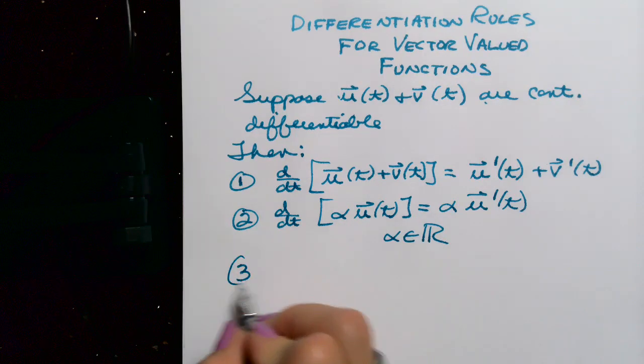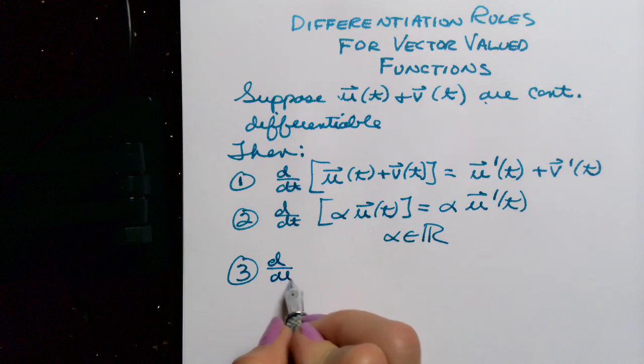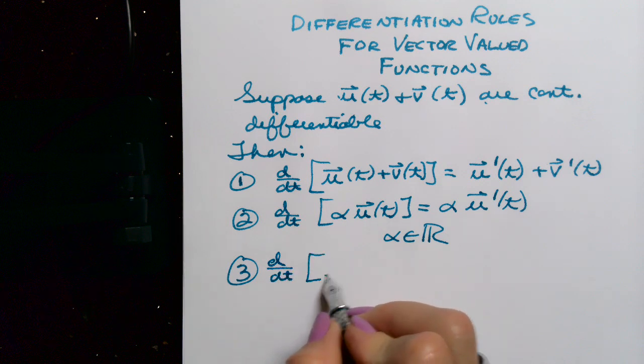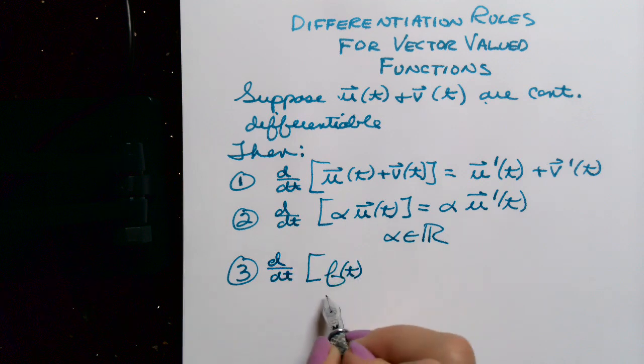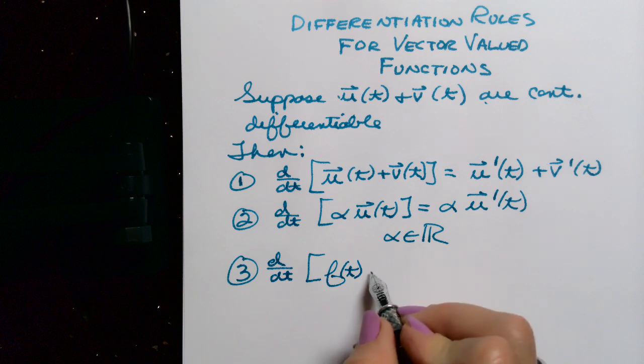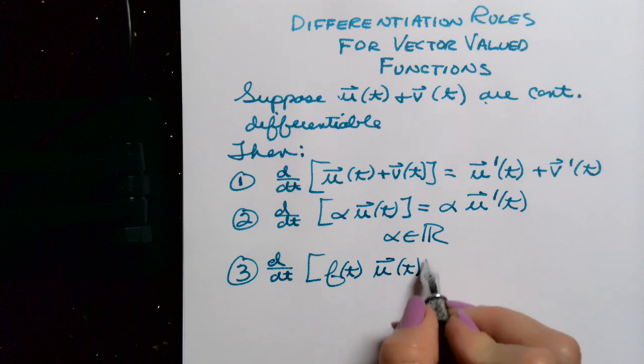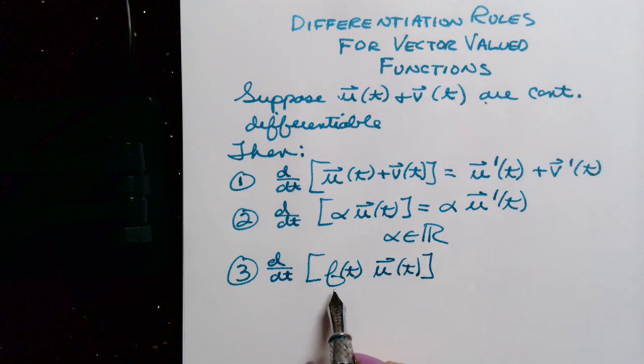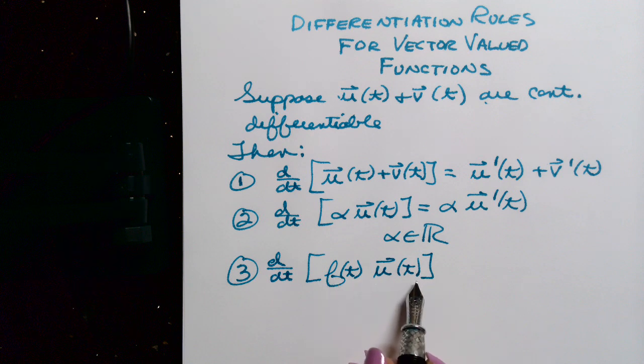What about if we start with something a little more complicated? What about a scalar valued function times u of t? For each value of t, this gives me a scalar, so this is a scalar function of t times a vector valued function.